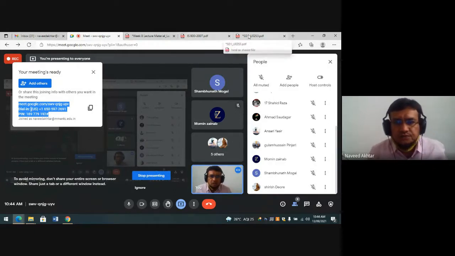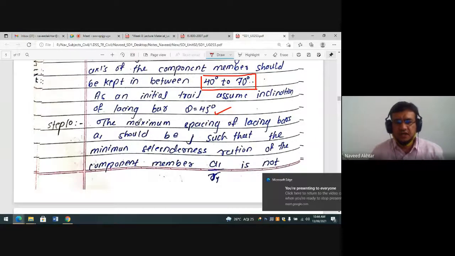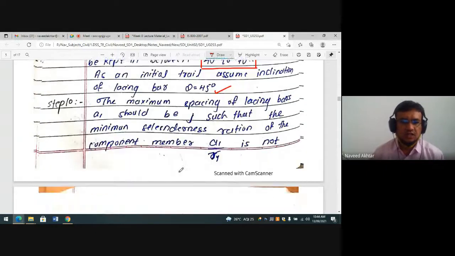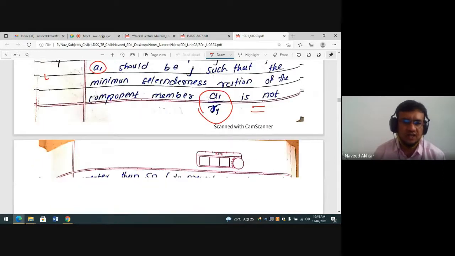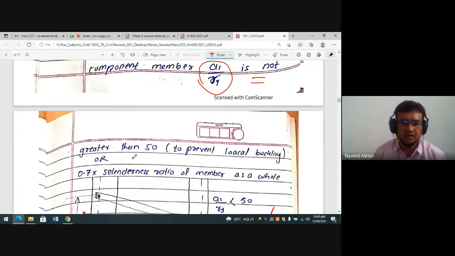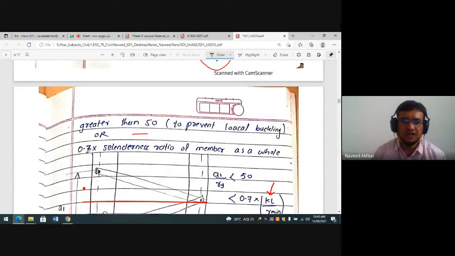Now step number 8, you have to find out the maximum spacing in lacing bar, that is, the minimum slenderness ratio of the component member, a1 upon r_y, is not more than 50 to prevent local buckling, or 0.7 times the slenderness ratio as a whole.